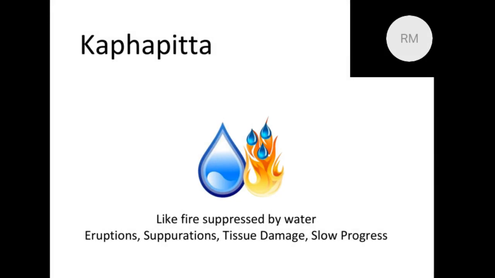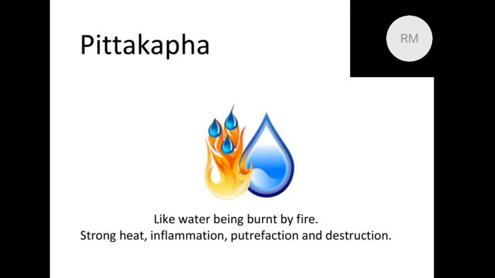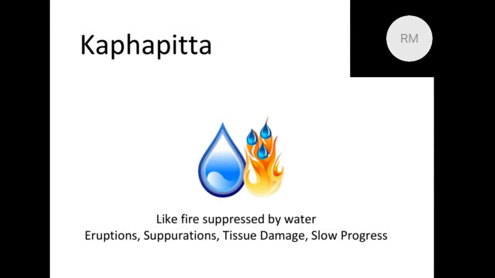If you look at the dual combinations, we subdivide them into one dosha dominating more than the other, and then we have different situations. For example, Pittakapha is like water being burnt by fire, whereas Kaphapitta is like fire being suppressed by water. So these would lead to different types of clinical manifestations.